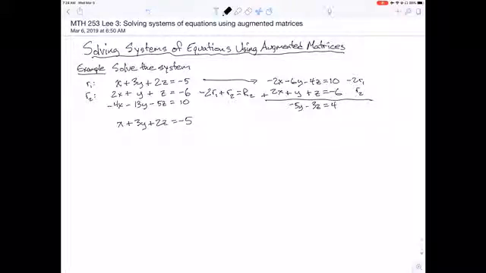And the new second row becomes this equation negative 5y minus 3z equals 4. Notice I'm careful to line up the x's with the x's, the y's with the y's, and the z's with the z's. And the third equation stays exactly the same, negative 4x minus 13y minus 5z equals 10. And so that would be the first stage of the process.